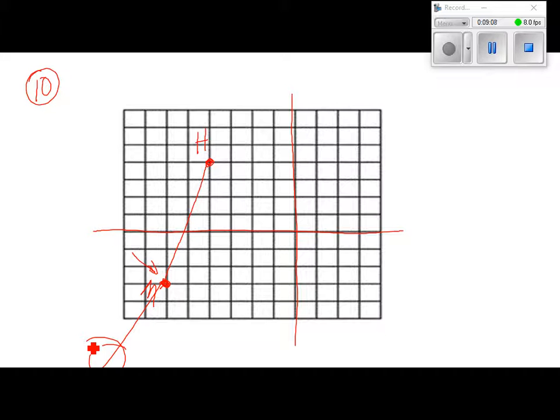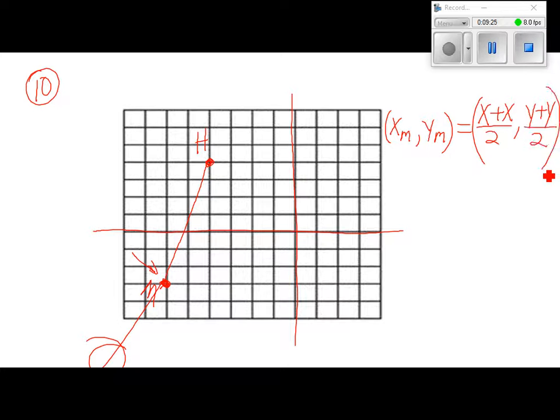What we need to do is set up this equation where we have x for our midpoint, the y for our midpoint, and then we have our formula, which is x plus x divided by 2 and y plus y divided by 2. This time we actually know these coordinates. Instead of just plugging into this part over here, we're going to have to use both and solve some equations.